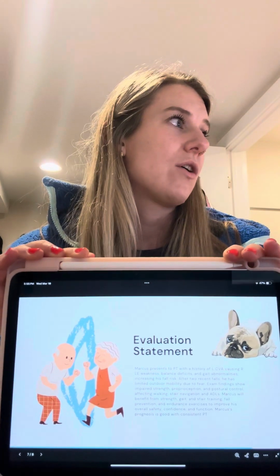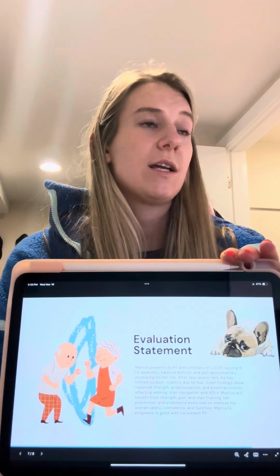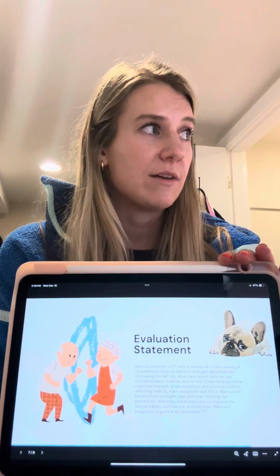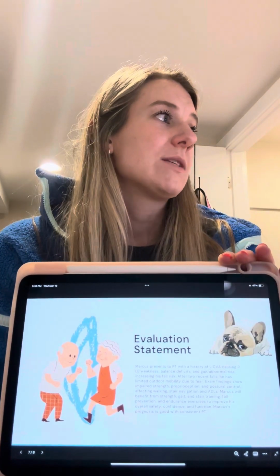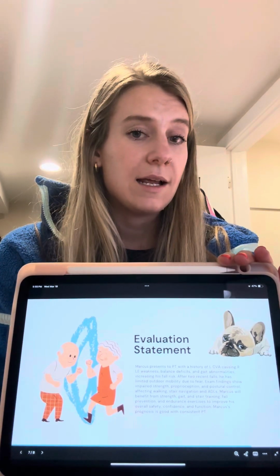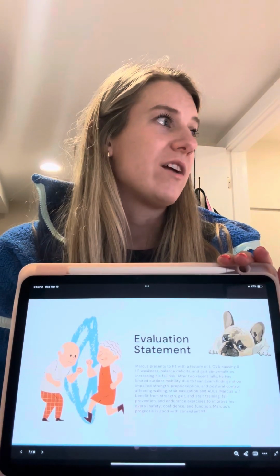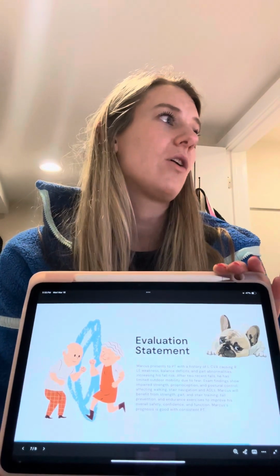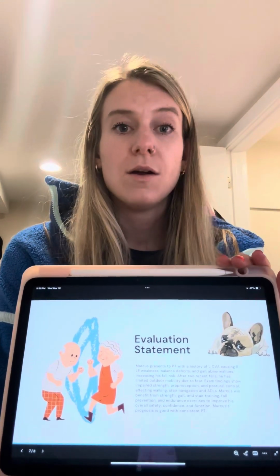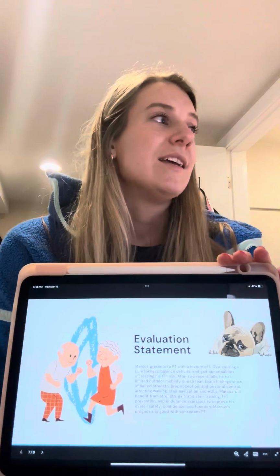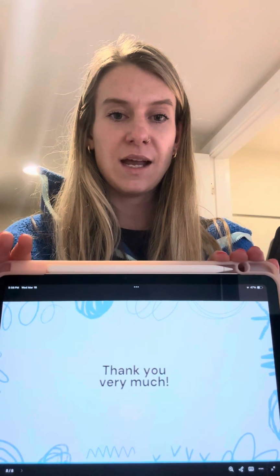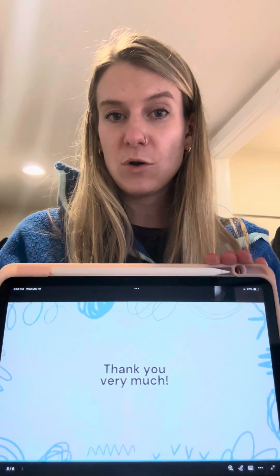Exam findings show impaired strength, proprioception, and postural control, affecting his walking, stair navigation, and ADLs. Marcus will benefit from strength, gait, and stair training, fall prevention, and endurance exercises to improve his overall safety, confidence, and function. Marcus's prognosis is good with consistent physical therapy. And that is my motor control case.